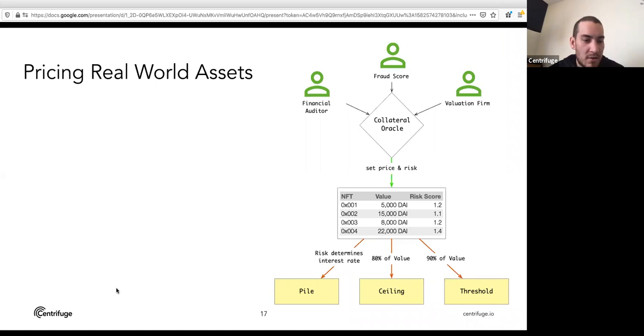How do you set interest rate and deal structure for a given asset pool? It's a bit of a cop-out, the answer I'm going to give you, unfortunately, but in the end, this relies on the asset class, right?